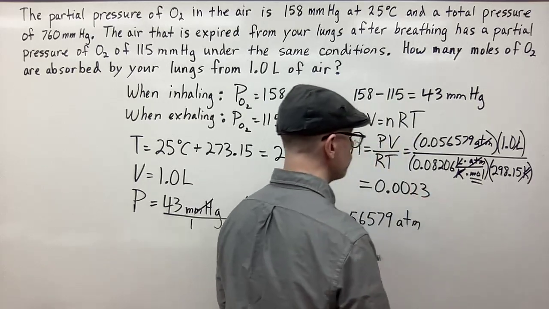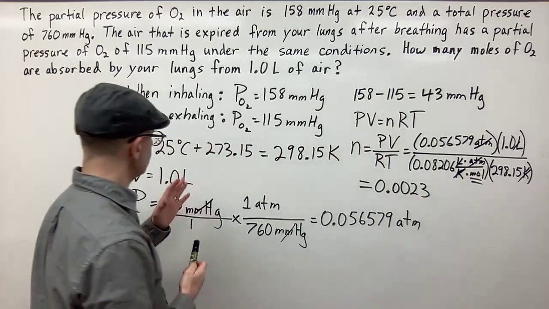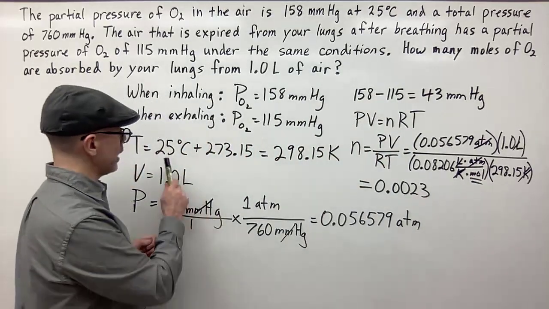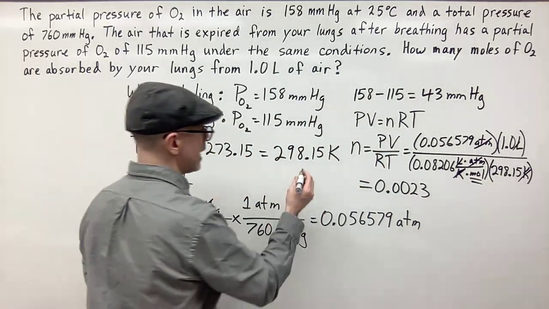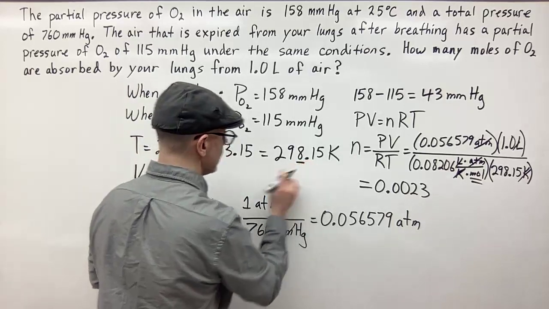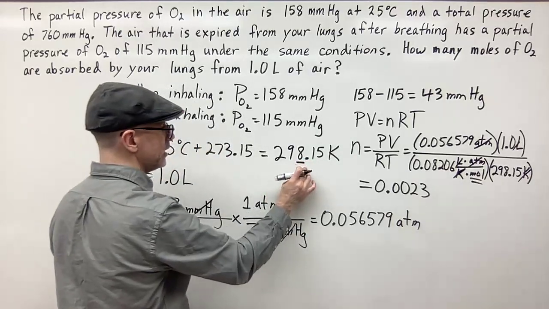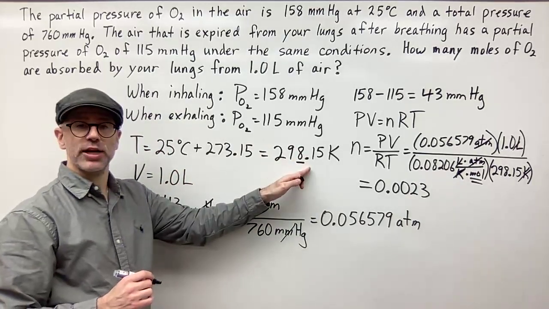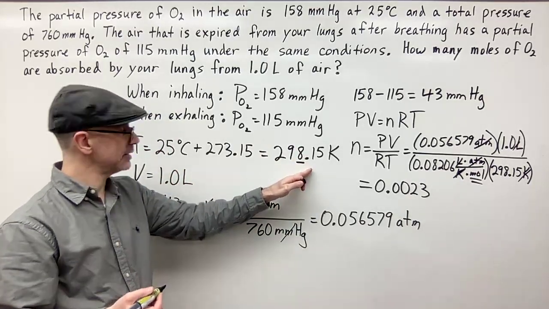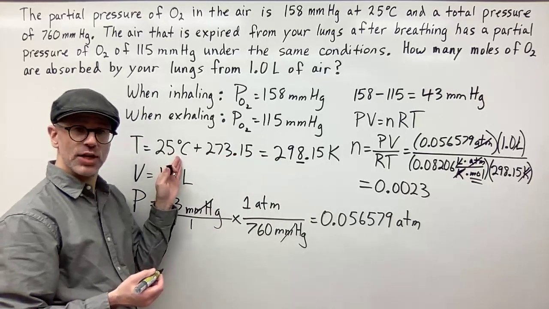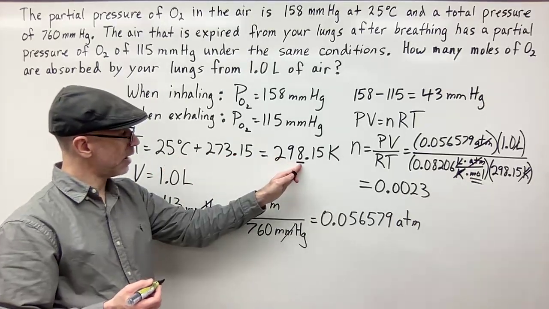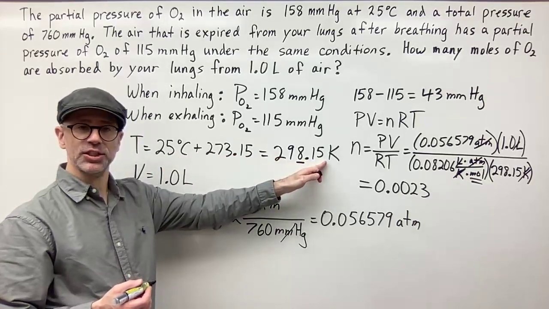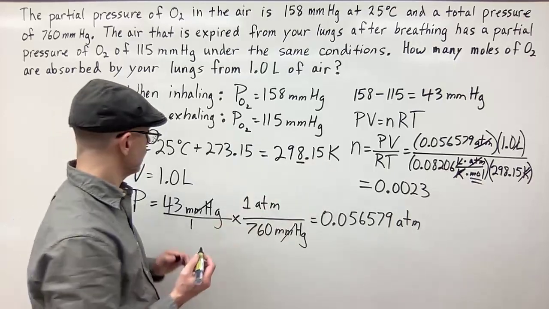And so notice sig figs here. When I added these together, the last significant digit in my temperature is the 8. Because remember, when you add and subtract, your answer should have the same number of decimal places as the least number. I have 0 decimal places, so I stopped there. But I kept a couple of digits to avoid rounding error.